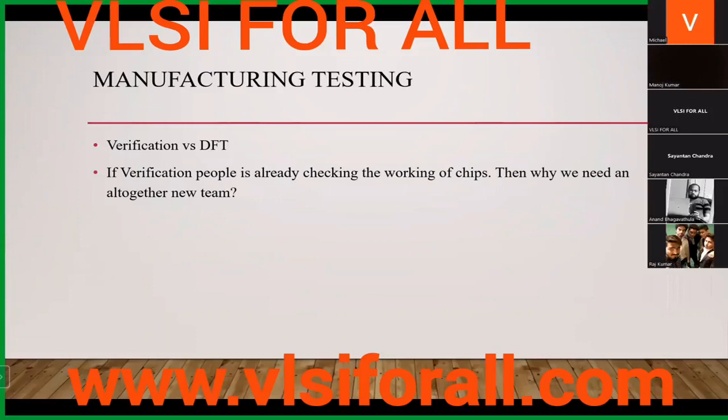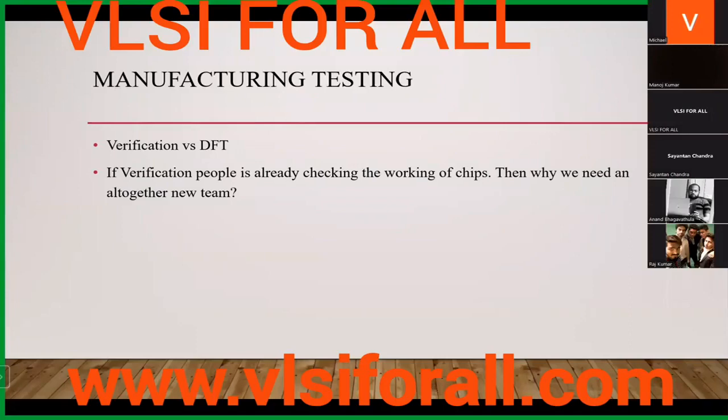How much time a chip spends on a tester costs a lot of money for a company. So pattern reduction means you are reducing the time to test that particular chip.